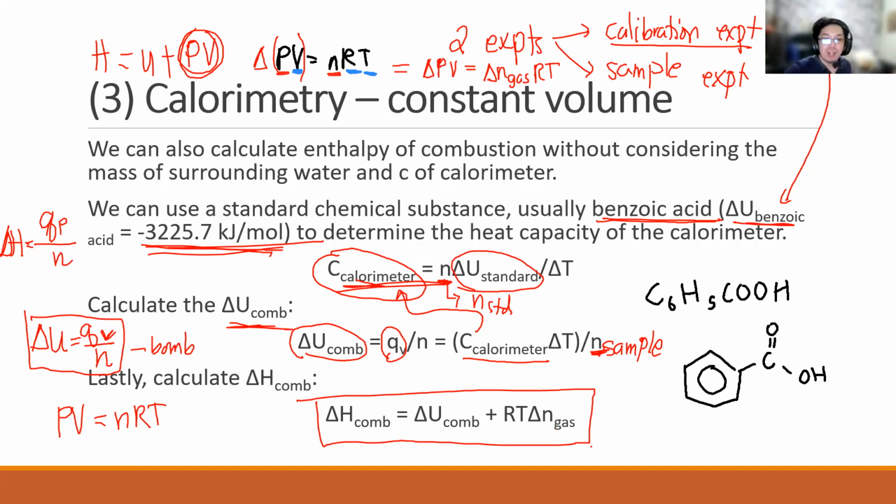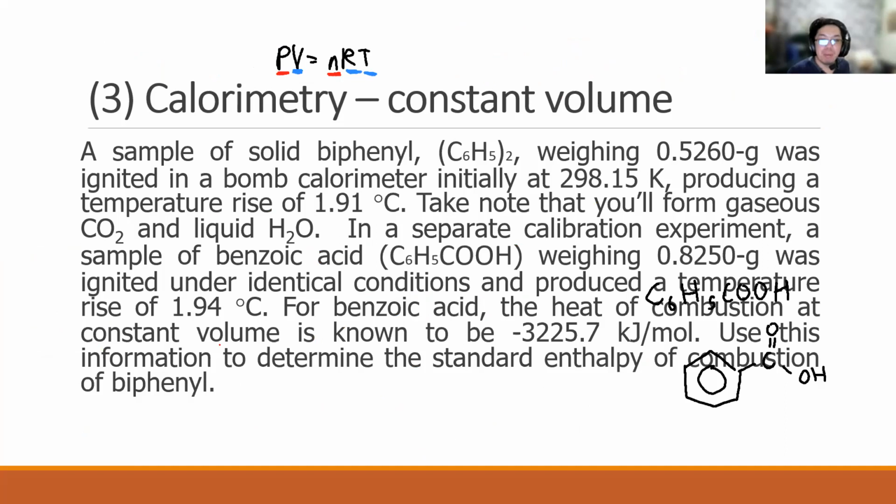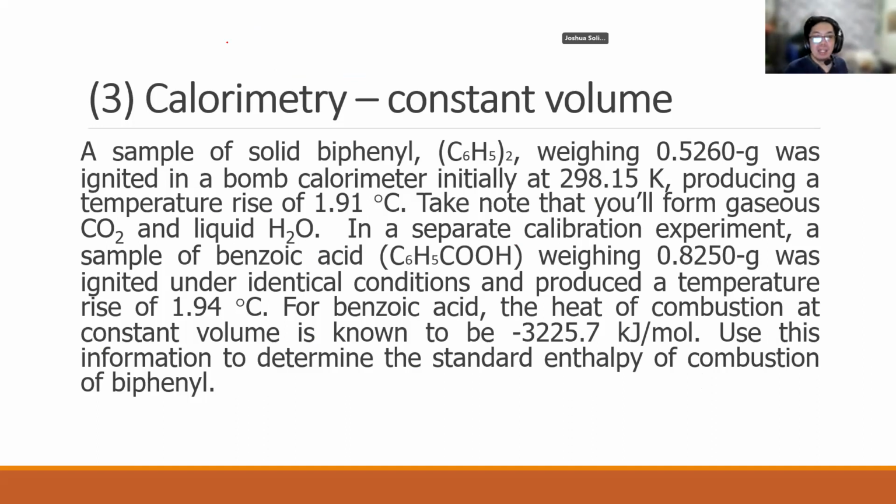Correct. So we'll now have this problem. Let's read. A sample of solid biphenyl, C12H10, weighing 0.526 grams was ignited in a bomb calorimeter, initially at 298.15 Kelvin, producing a temperature rise of 1.91 degrees Celsius.